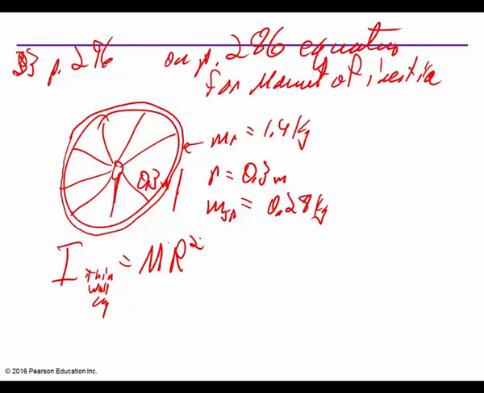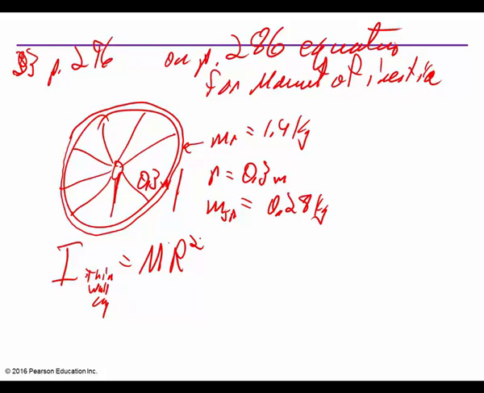Then it says, through its center and perpendicular to the plane of the wheel. So what is the moment of inertia of the wheel about an axis through its center and perpendicular to the plane of the wheel? Okay, that's the solid cylinder. Oh, no, excuse me, not the solid cylinder.